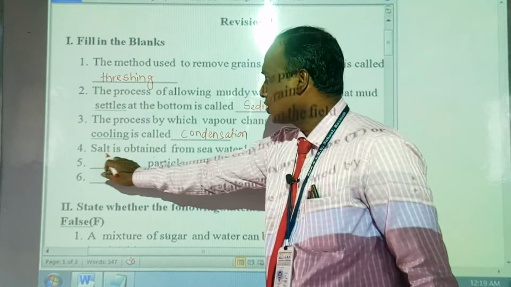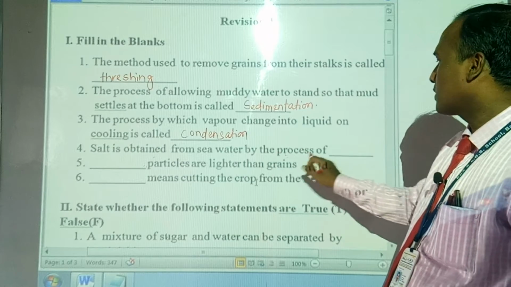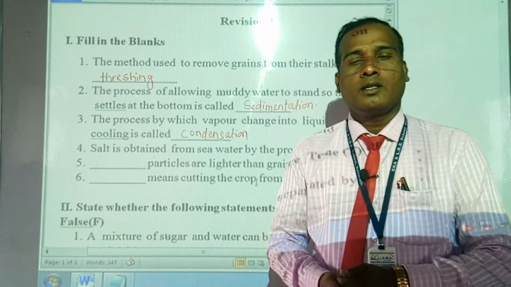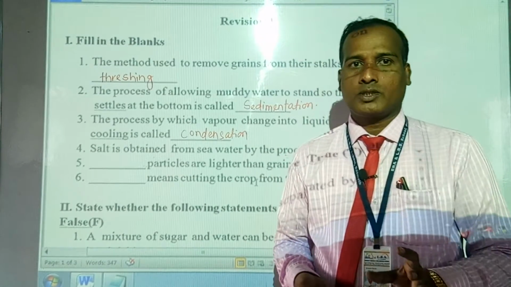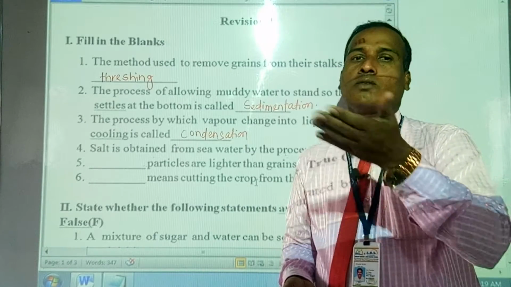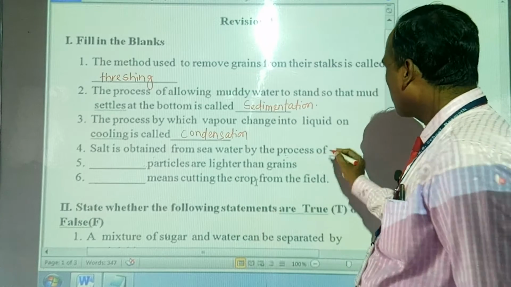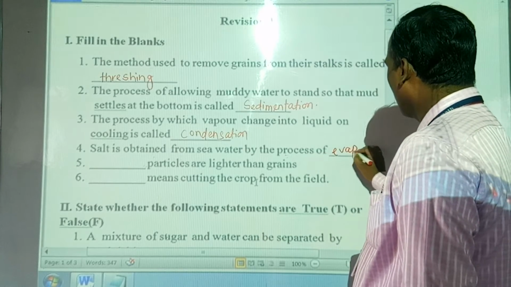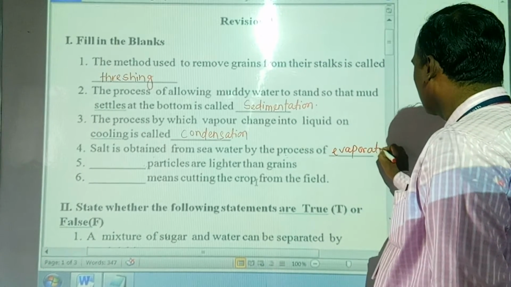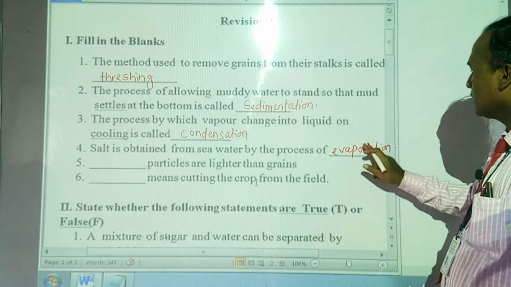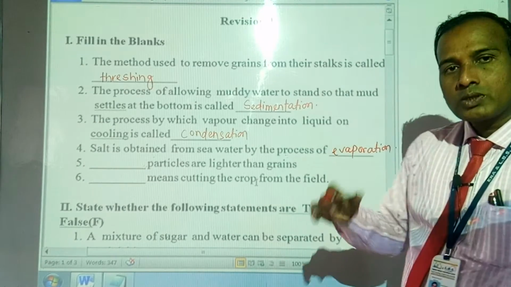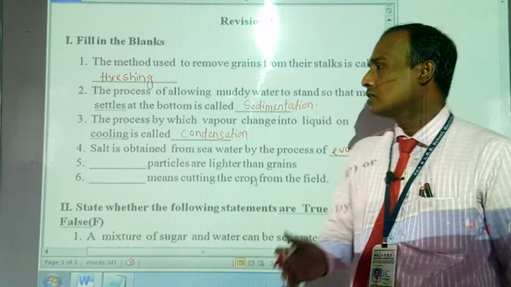Next, fourth question: salt is obtained from sea water by the process of dash. How do we get it? We get it by the evaporation process. By the sunlight, the water evaporates and the remaining salt stays in the vessel. So evaporation is one of the processes by which salt can be obtained from sea water.